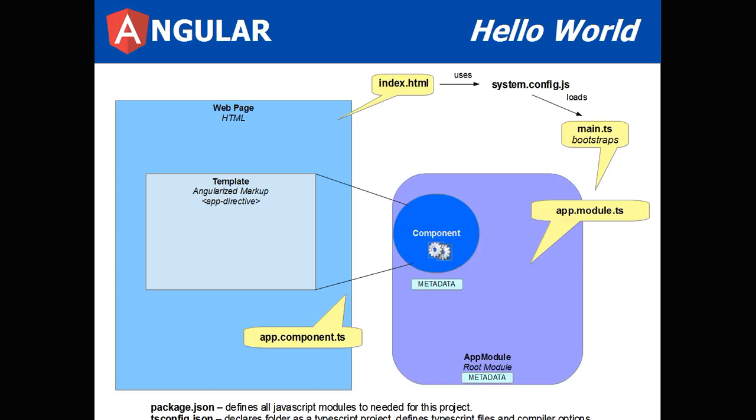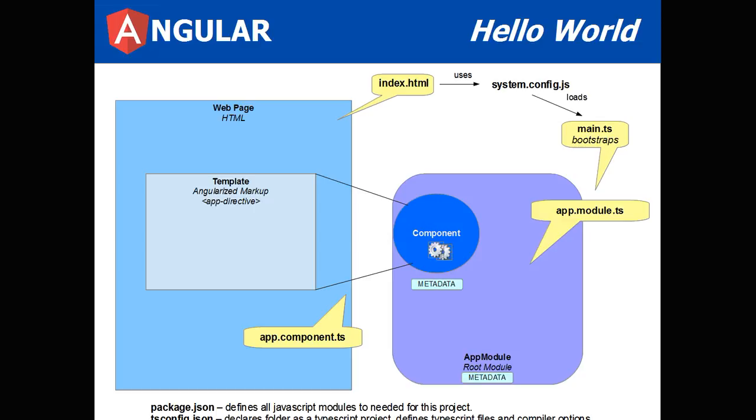So there's different system loaders. System.js is one of the more popular ones, but using Angular 4, at the moment it doesn't really matter what I'm using right now. I'm using Webpack. Angular CLI is doing a lot of stuff for me, and you have the option of transpiling your TypeScript code in your development environment or doing it before your code gets loaded into the browser.